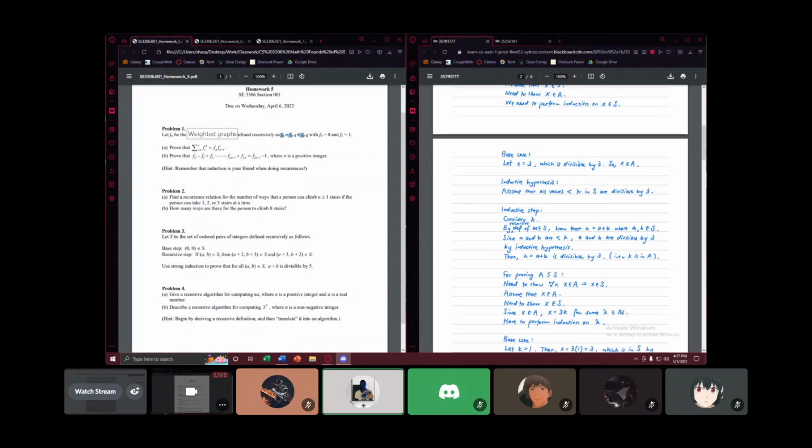Then you just assume it for n greater than or equal to 1, because it starts at 1. After that, I substituted the inductive hypothesis into the equation and solved it out from there.